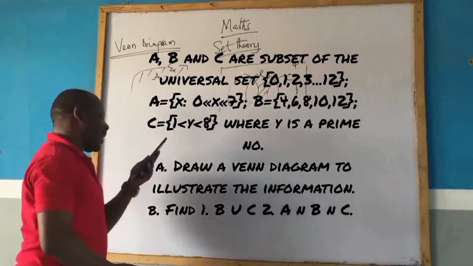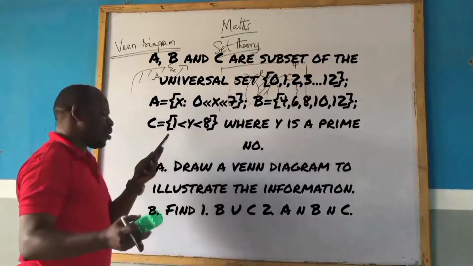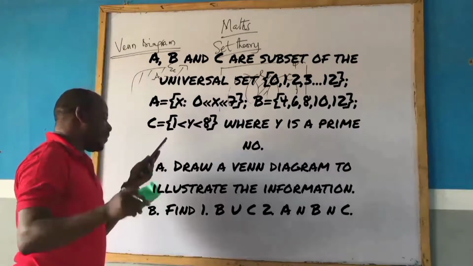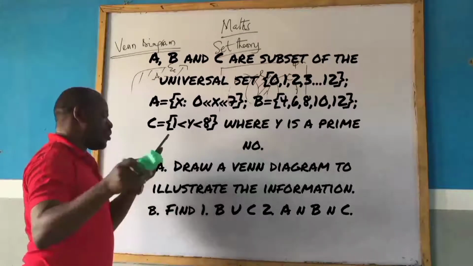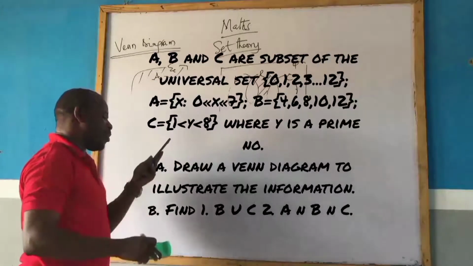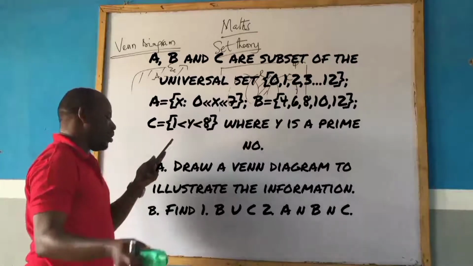They now say, draw a Venn diagram to illustrate the information given above. Then they said B, find B union C, and Roman figure 2, A intersection B intersection C.